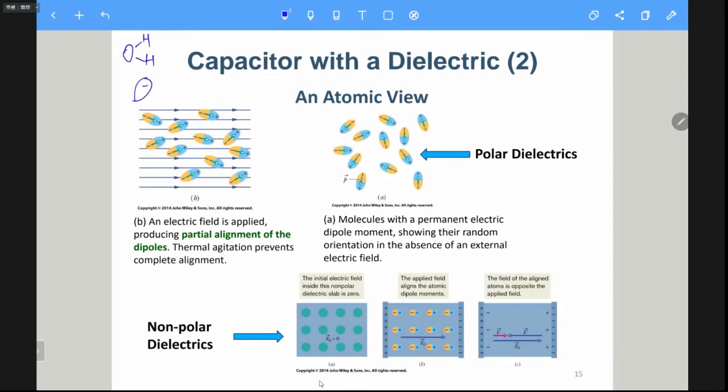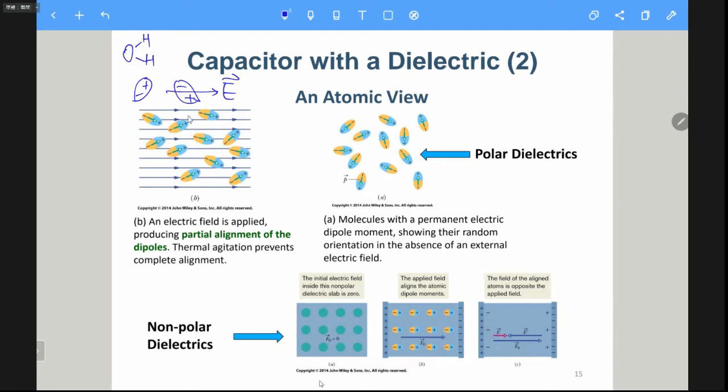So the dipole will look like that. And if initially it is not oriented in the same direction as the external E field, then it will keep swinging back and forth. So it keeps the molecule partially aligned.